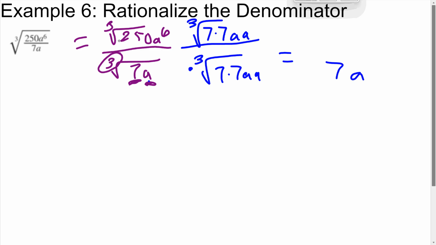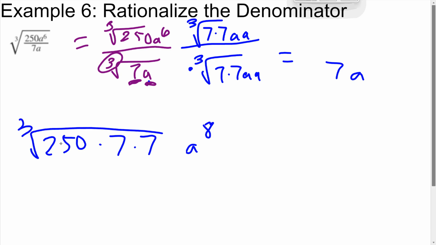So that means on the top, I'd really have 250 times 7 times 7, and then I would have a to the 8th, correct? Because I have 6 a's here and 2 more a's, a to the 8th. And so those are both being cube rooted, right? So I'm looking for groups of 3.